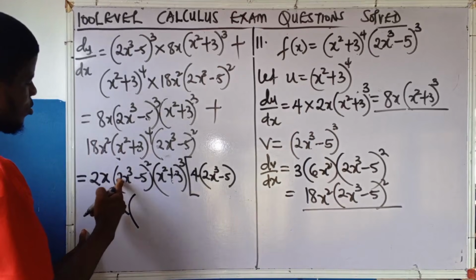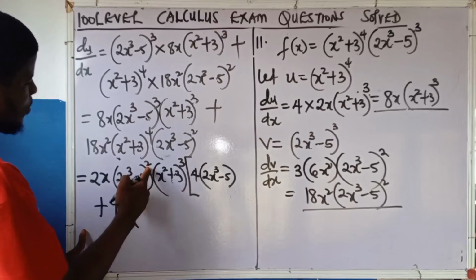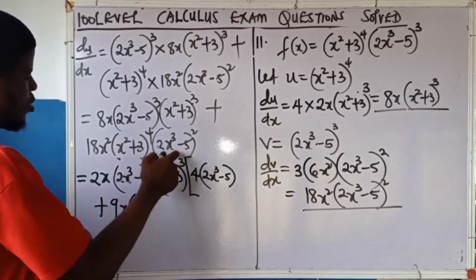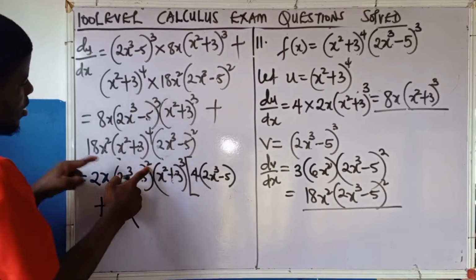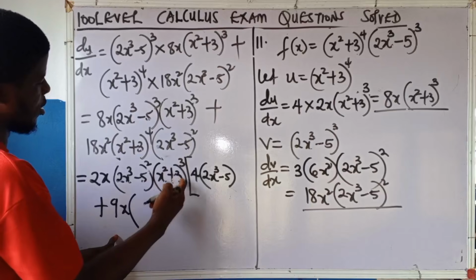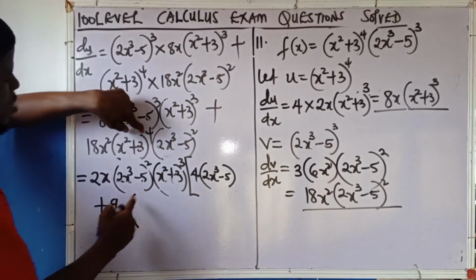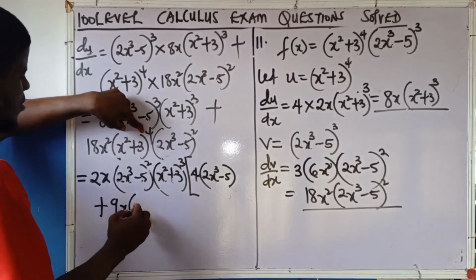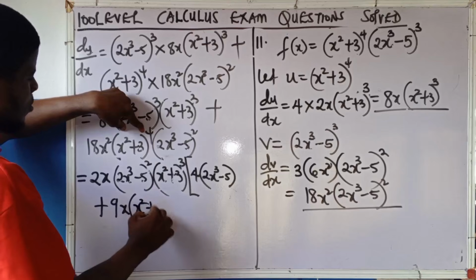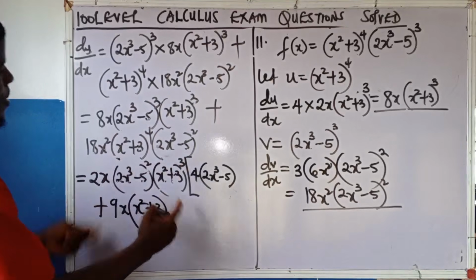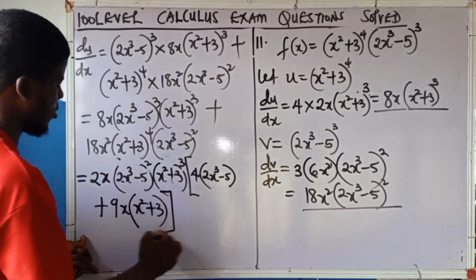Then I factored out (2x cubed minus 5) all to the power of 2. So nothing is left here, since they have the same square. Then for this one, I have (x squared plus 3) cubed. I brought it out. Then I will have (x squared plus 3) to the power of 1 left here. You get me? So this is (x squared plus 3) raised to the power 1. Since it was raised to the power 3 outside, close it.